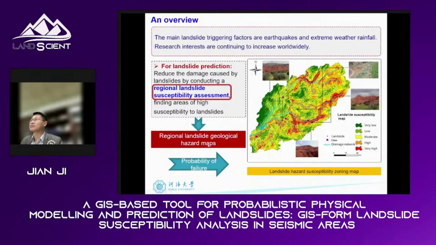For landslides, we have a better understanding that the most important triggering factors are earthquakes and extreme weather, like heavy rainfall, and research interest in those aspects continues to increase in China and worldwide.